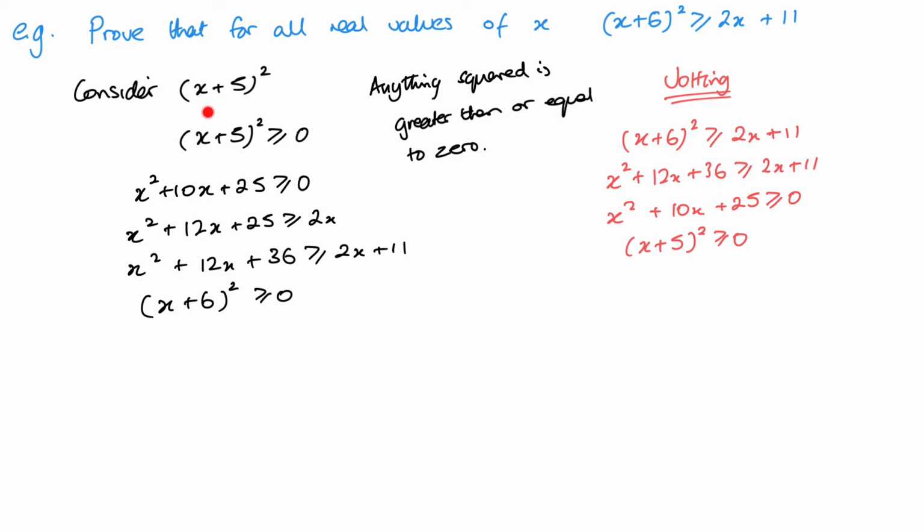That's kind of already given within this part of the statement. Okay, so I could have put here anything squared is greater than or equal to 0 for all real values. And that just includes then the statement within my proof.